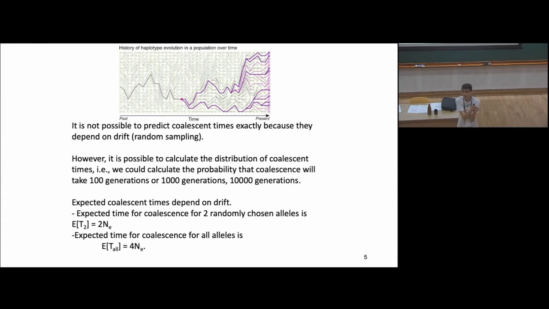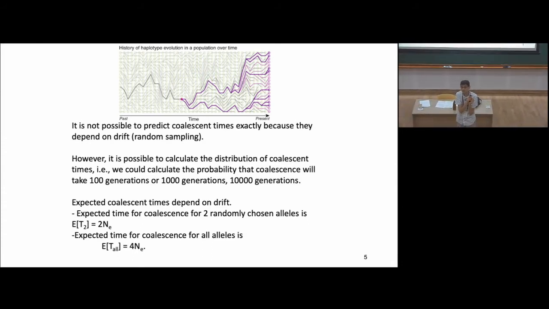Some of those alleles coalesce in the recent past, some in the distant past. So there's a distribution of coalescence times for any two alleles. And what we're going to work out is the probability that two alleles coalesce 10 generations back, or 100 generations back, or 100,000 generations back.